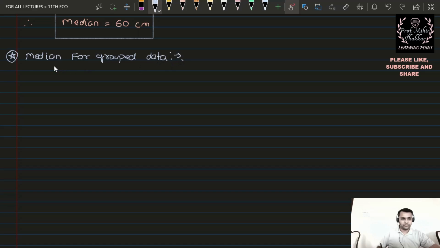There are some important points that you need to remember when you are working on the median for the grouped data. Point number one is that the classes must be continuous.